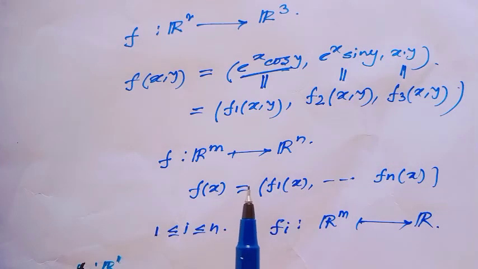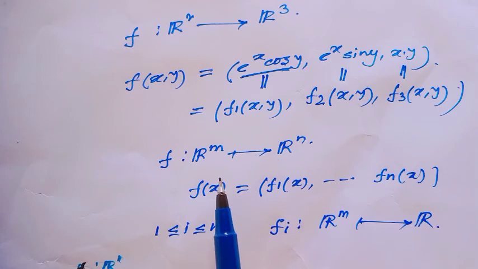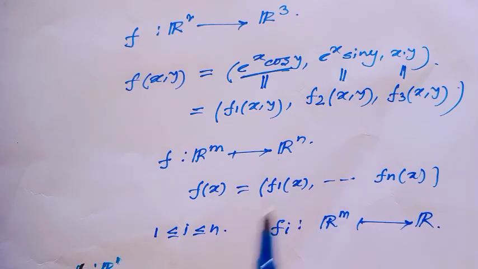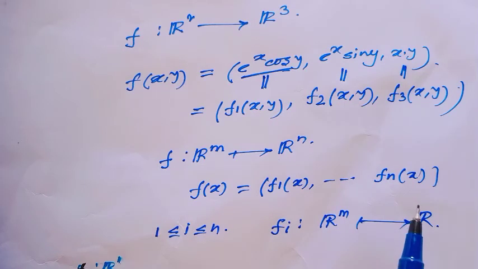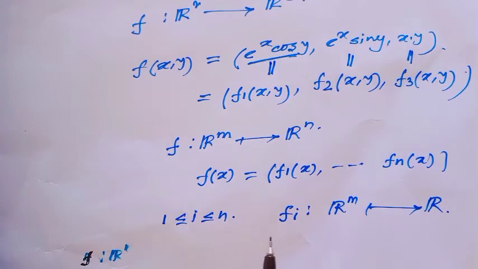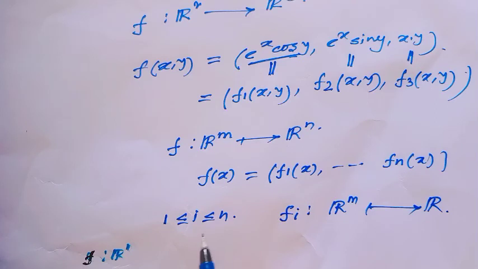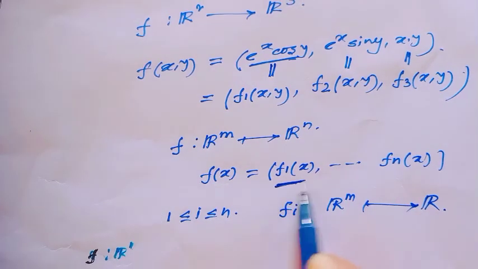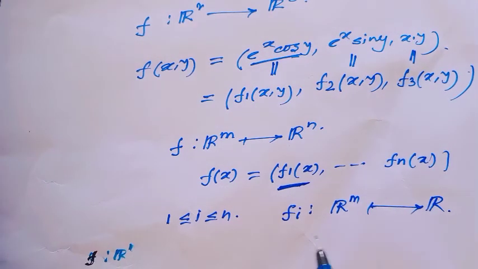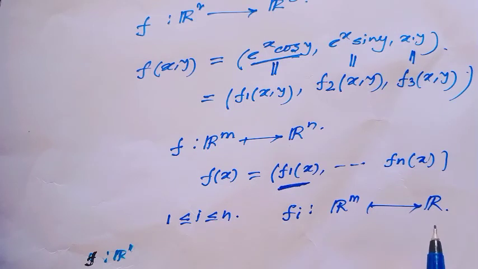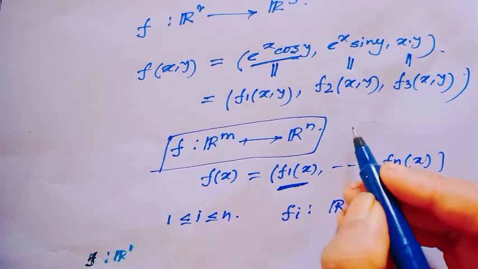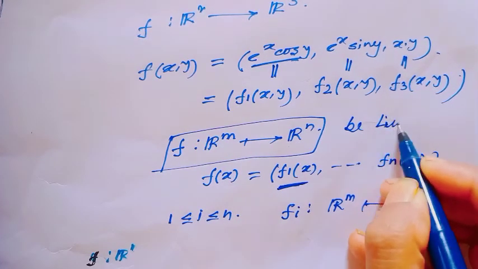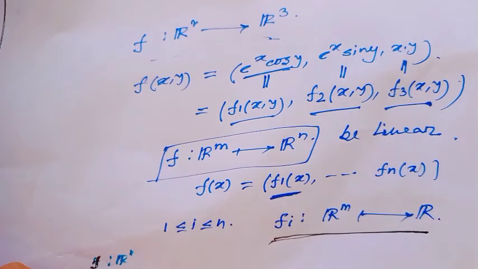The rule says, when a function is defined from Rm to Rn such that f of x equals (f1(x) up to fn(x)), where each fi maps from Rm to R, then this type of function is linear when each fi is linear.